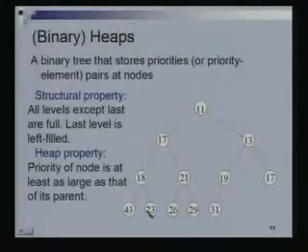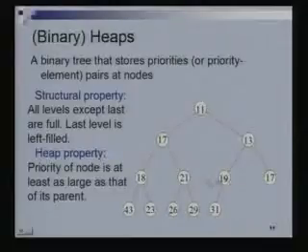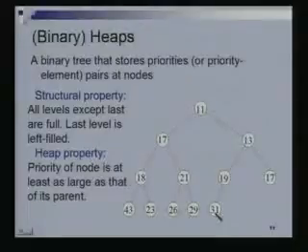You can take any node. I can also restate this in the following manner. The priority of any node is less than or equal to the priority of its children. Sometimes we will think of it in this manner. There might be two children, there might be only one child, as is the case here. In this case, the priority of this node has to be less than the priority of its lone child.